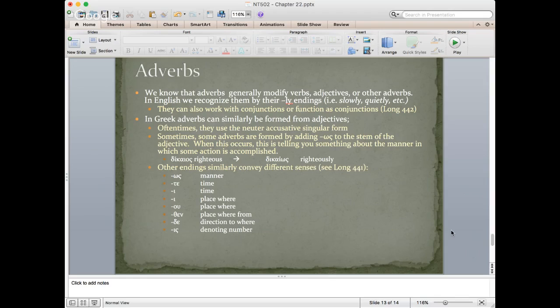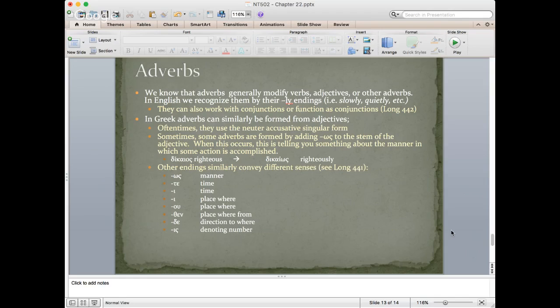In Greek, adverbs can similarly be formed from adjectives. Oftentimes they use the neuter accusative singular form. Sometimes adverbs are formed by adding an os ending to the stem of the adjective. When this occurs, this is telling you something about the manner in which the action is accomplished.